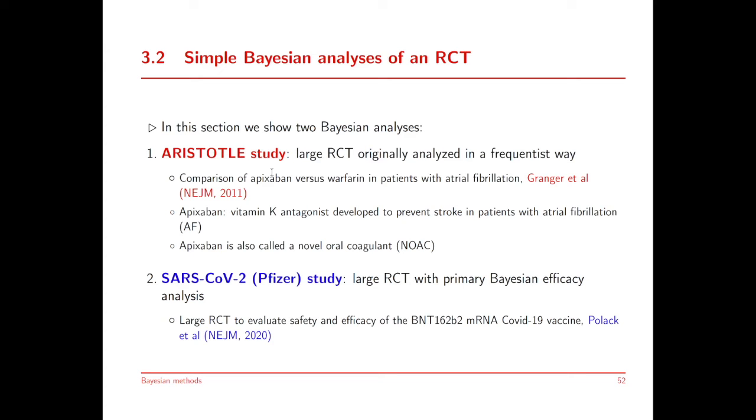Apixaban and warfarin are given to patients with atrial fibrillation to avoid the formation of clots. They are called novel oral anticoagulants. Actually, apixaban is the novel one, warfarin is the standard. The second study is the well-known Pfizer study to show the effect and safety of the vaccine that was used to treat patients with COVID.